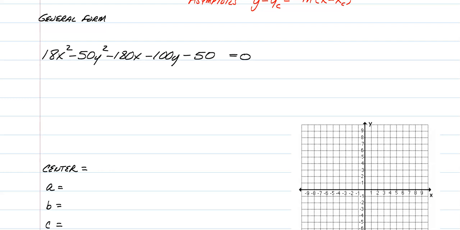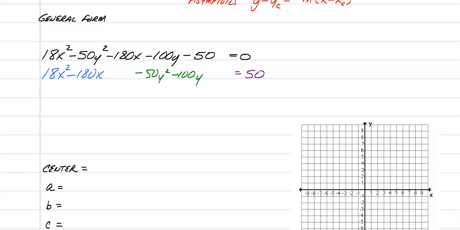As far as completing the square goes, this is very similar to an ellipse, so we're not going to spend tons of time talking about this. You've got to get your x's together again, get your y's together, and get your constant by itself.